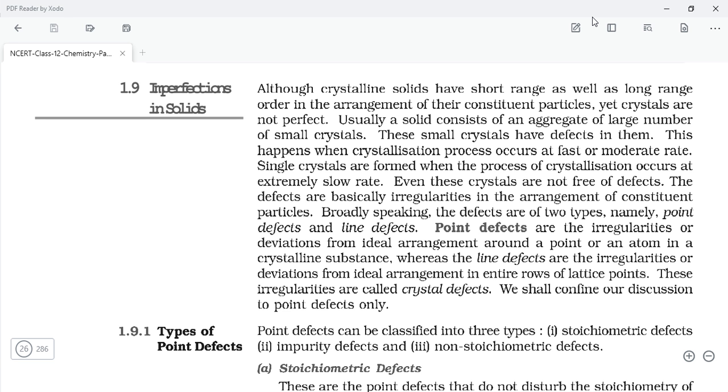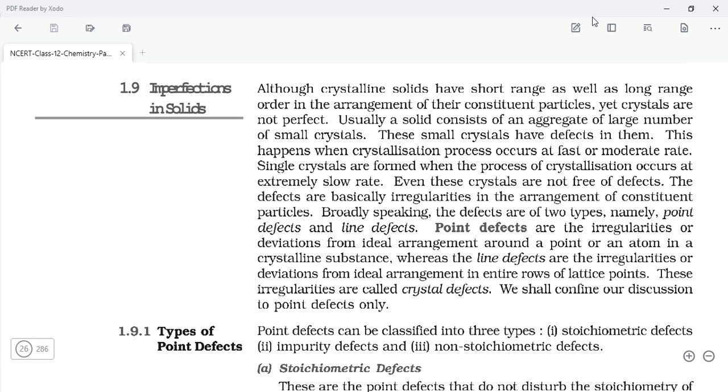This happens when the crystallization process occurs at fast or moderate rate. Single crystals are formed when the process of crystallization occurs at extremely slow rate. Even then these crystals are not free of defects. The defects are basically irregularities in the arrangement of constituent particles.